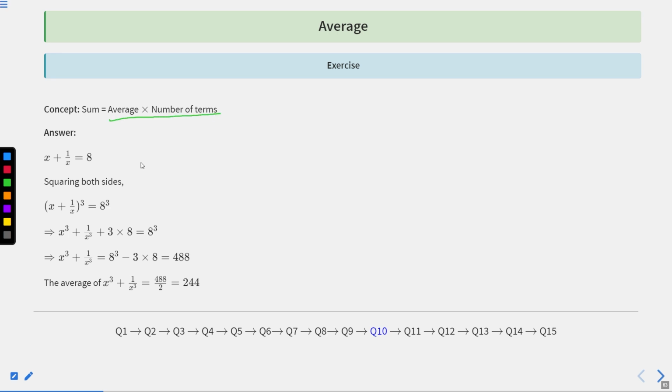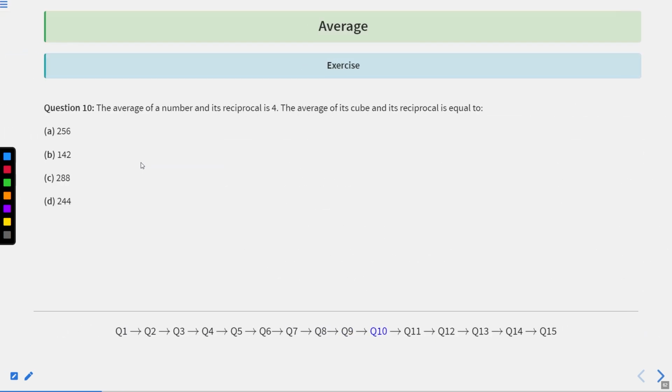Now, the question we did in question number 9 was very similar to what we are going to do in question number 10. They both are very much alike. In that question, they gave x and 1 upon x, but here they do not directly talk about x and 1 upon x. They indirectly point towards it.